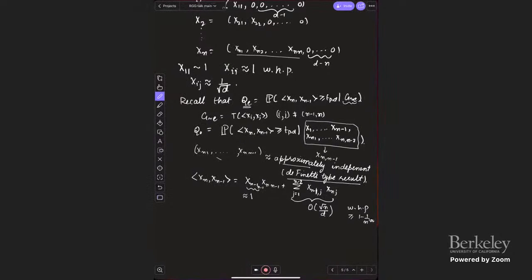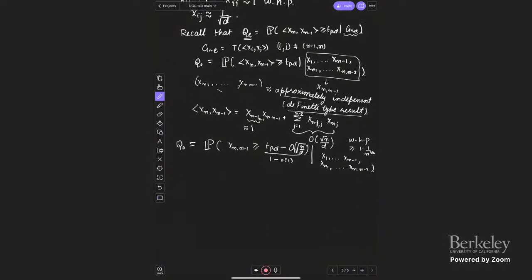Therefore this Q naught can be written as the probability that ⟨xn, x(n−1)⟩ is greater than or equal to TPD minus O of square root n over d, divided by 1 minus small o of 1, given x1 to xn−1 and ⟨xn, x1⟩ to ⟨xn, x(n−2)⟩.